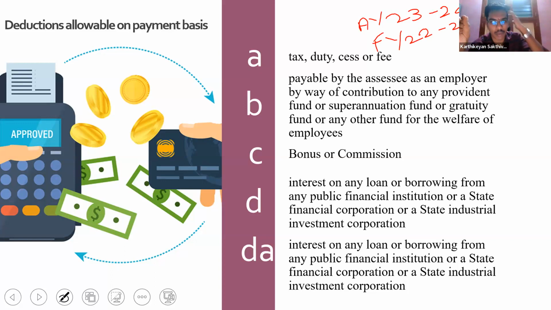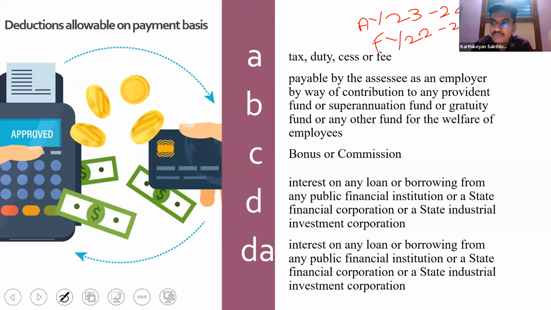In that period I incur an expenditure. Okay, I have incurred some expenditure in financial year 22-23, that is, 1st April 22 to 31st March 23.